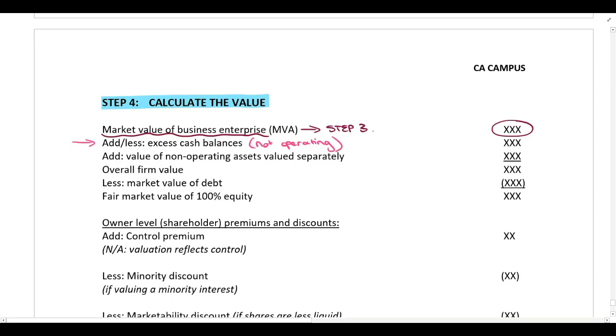If the cash is used for working capital purposes, then you won't include it in your calculation over here.